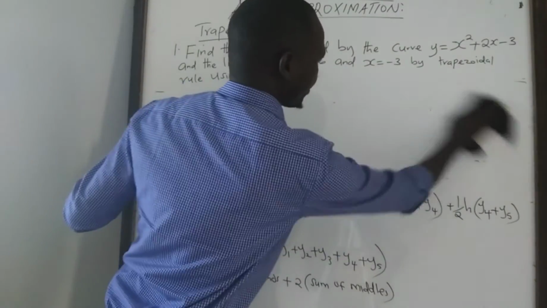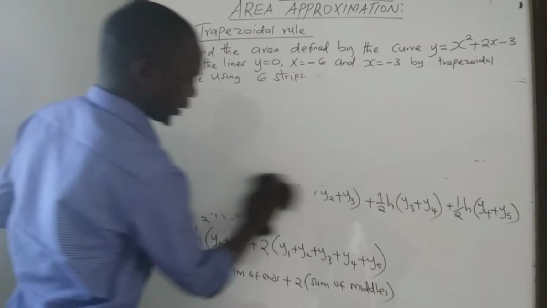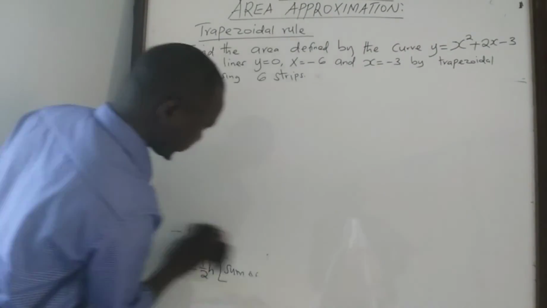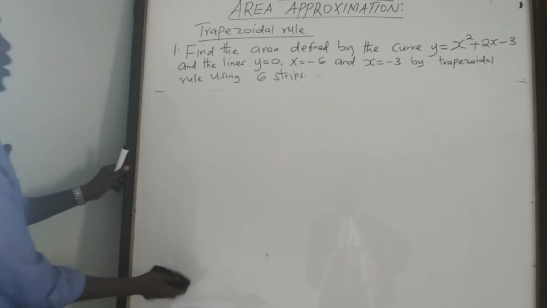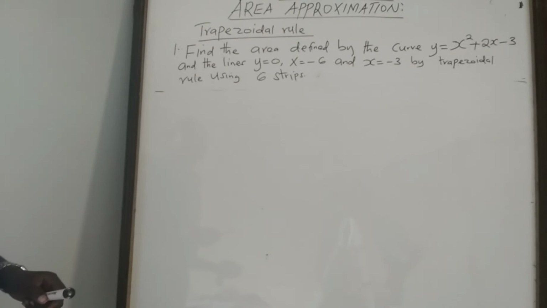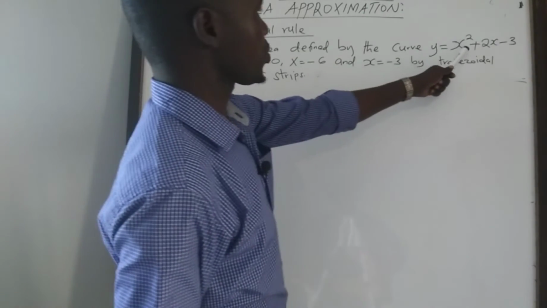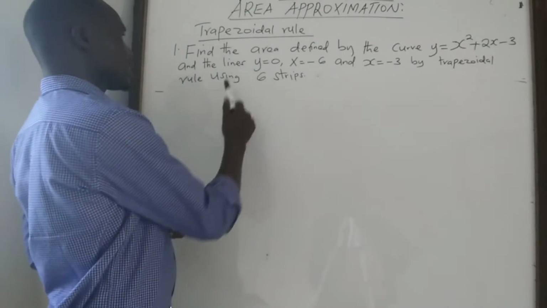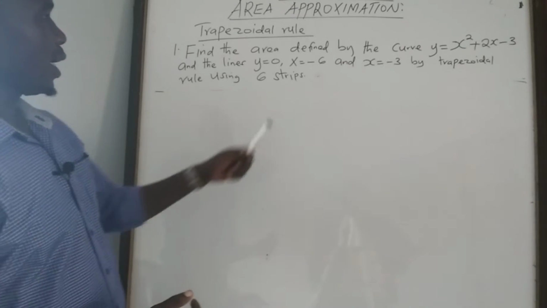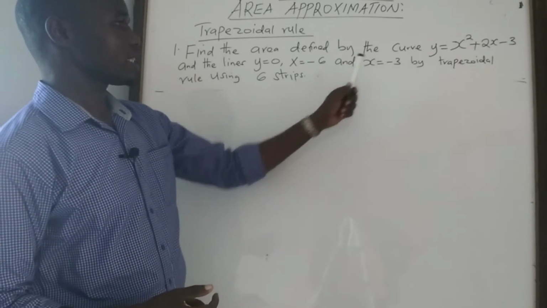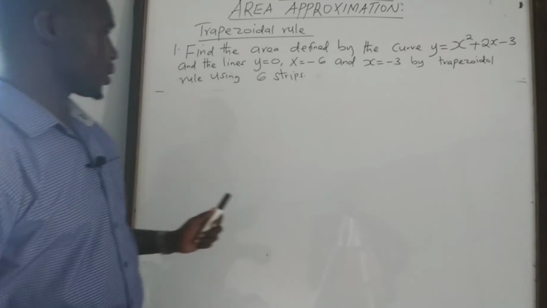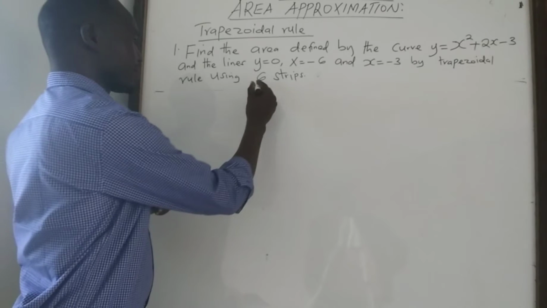The question reads, find the area defined by the curve, that is, y is equals to x squared plus 2x minus 3, and the lines y is equals to 0, x is equals to -6, and x is equals to -3. Those are the boundaries by trapezium rule or trapezoidal rule using 6 strips.